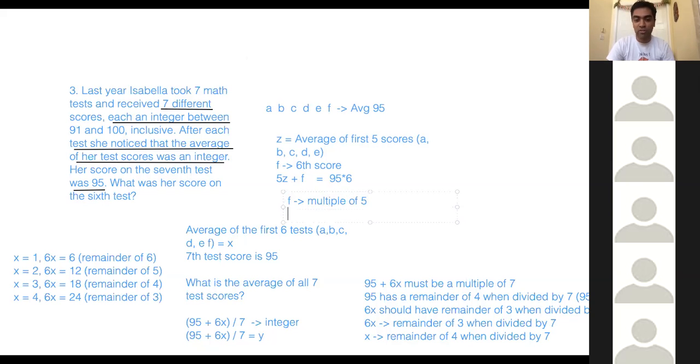So what should F be then? What are the possible multiples of 5 that F could be? 100. Good. So F has to be 100 because we know that the only multiples of 5 between 91 and 100 are 95 or 100. But 95 was already the score on the 7th test. So the 6th test score must have been 100.